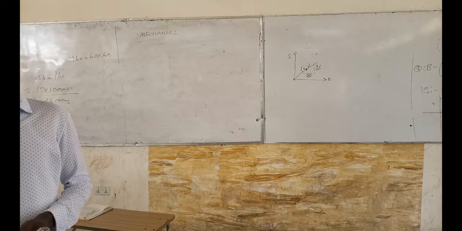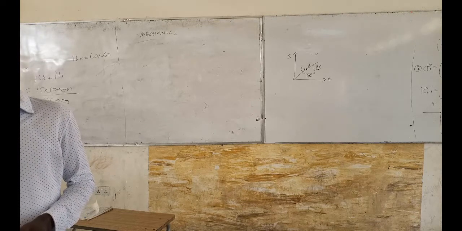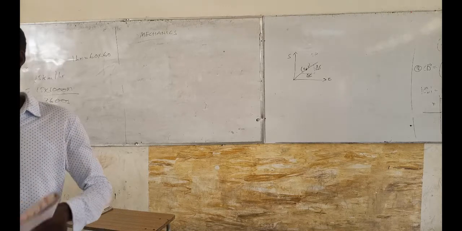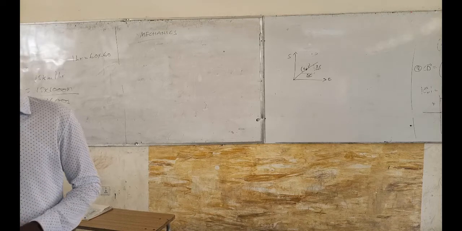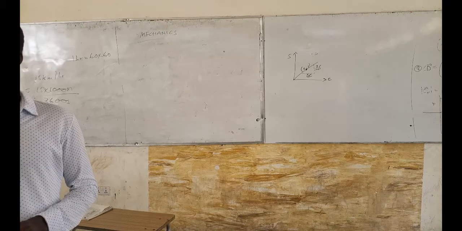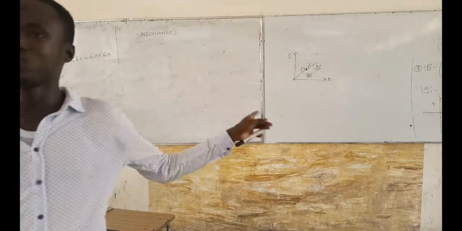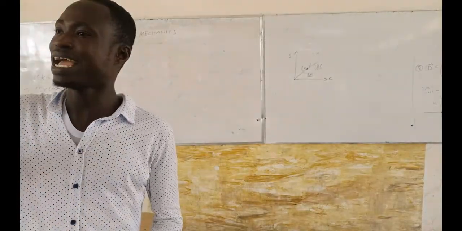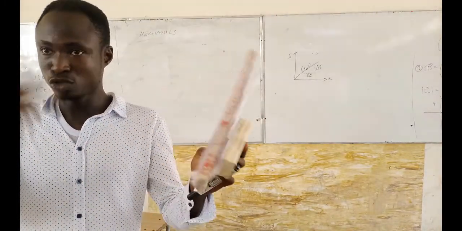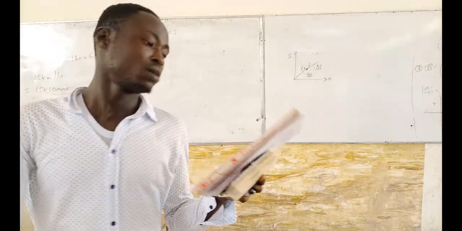Please, you have to know the keyword: constant acceleration. So over here, the assumption is that the acceleration is constant. In other words, if the acceleration is not constant, we can't just draw a conclusion on them. That's why the emphasis is that we have a constant acceleration. That's what I want you to note.